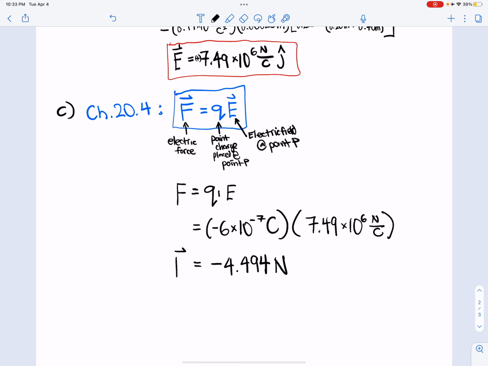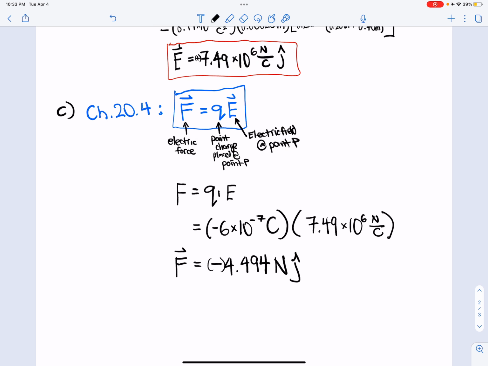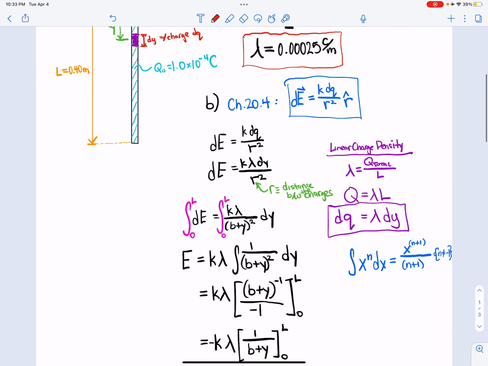And if we want the force vector, we'll have to add the direction of the force, and that will be, right, we said negative along j hat. We'll mark that in red. Okay. And it's easy to see why that would be negative, right?